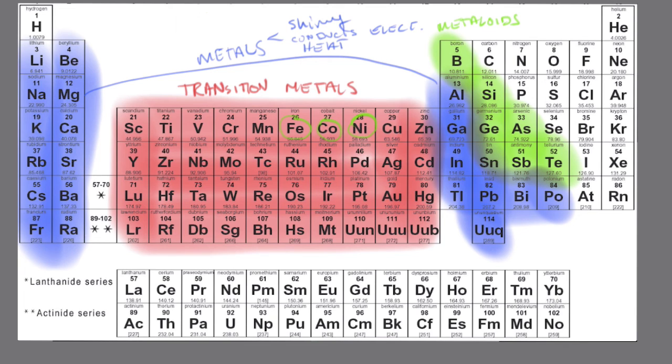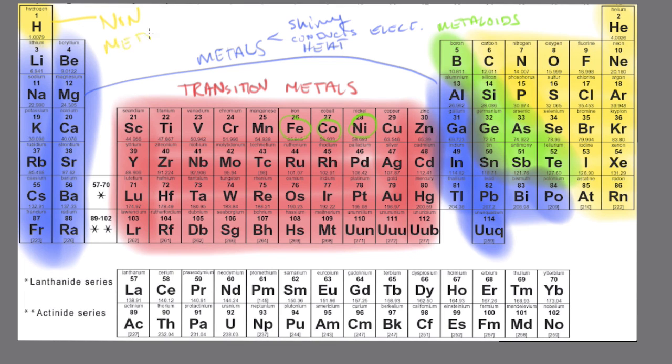So we say that they're metalloids because they have some metal properties and also some non-metal properties. So what's a non-metal? I'm going to highlight that in yellow. Non-metals are the rest. It's all of these over here, helium and also hydrogen. So hydrogen's floating all by himself in the top left corner. These are non-metals. I'm going to write that down in yellow.